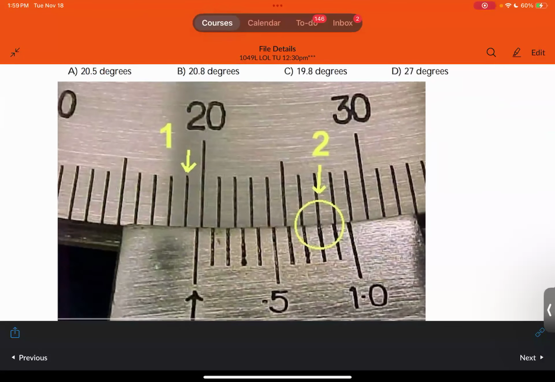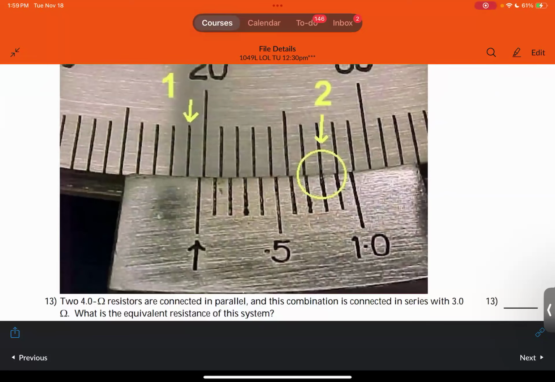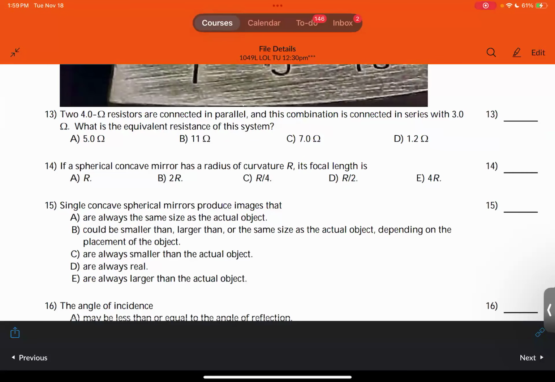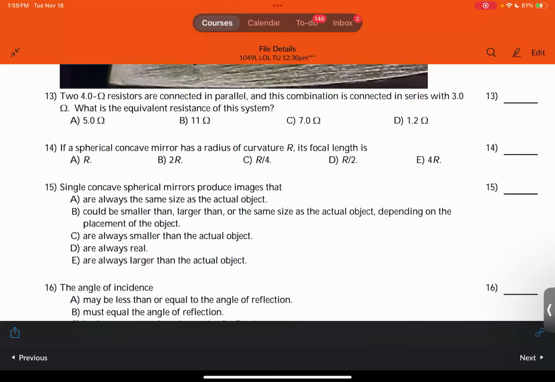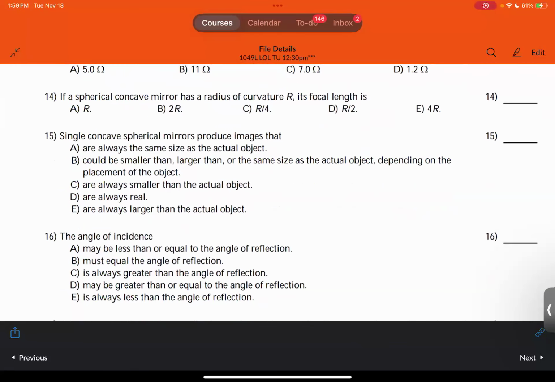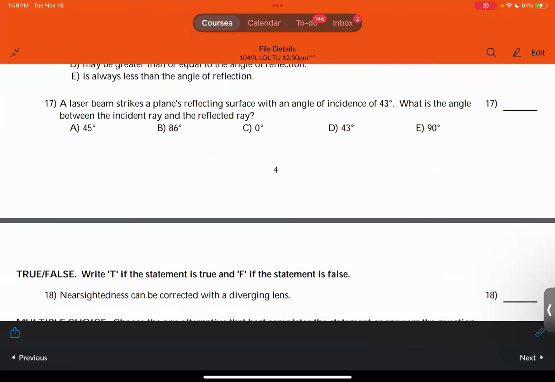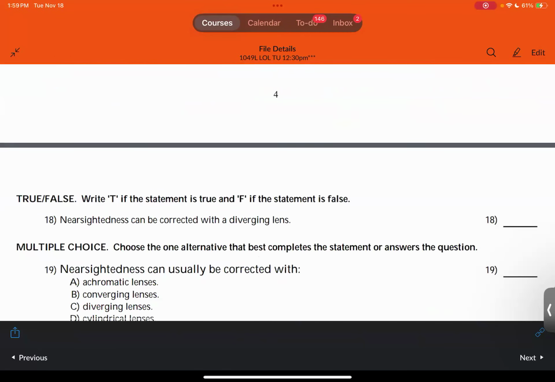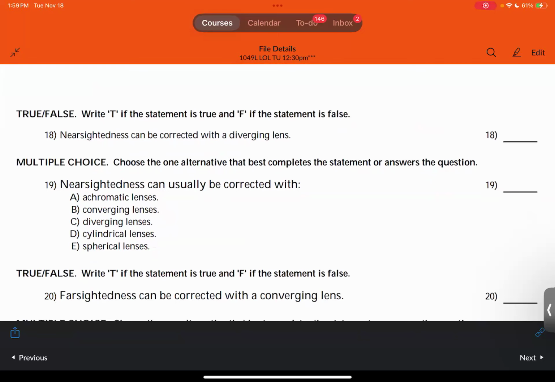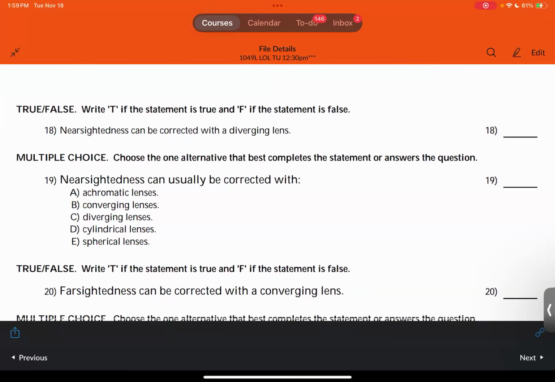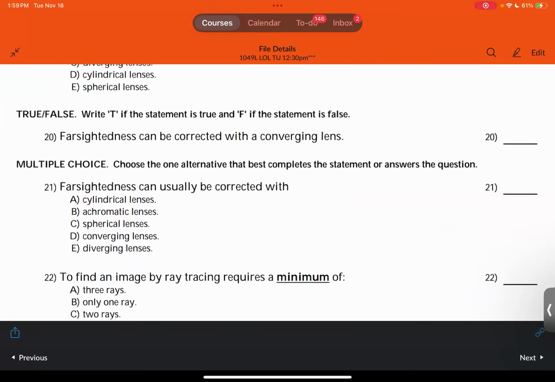I wouldn't worry about number 12. That's called a vernier scale. We weren't able to do anything with that. 13, 14, 15, we went over. 16, 17 as well. I wouldn't worry about determining nearsightedness for diverging lenses. 18 and 19 and 20.